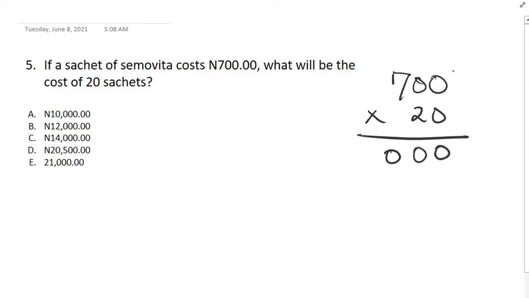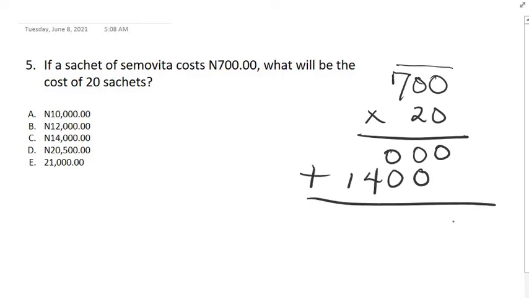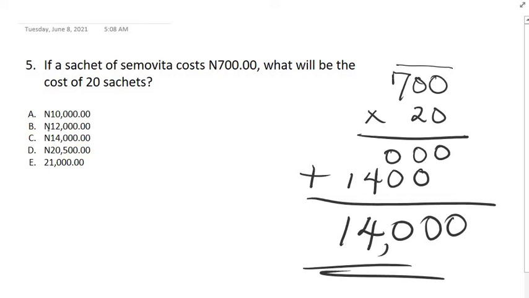If you use 0 to multiply 3 of them, that's what you get. Then you go to 2. 2 times 0 is 0, 2 times 0 is 0, 2 times 7 is 14. Then you sum what you have together, so we have 0, 0, 0, 4, 1. So the right answer will be 14,000, which is C.